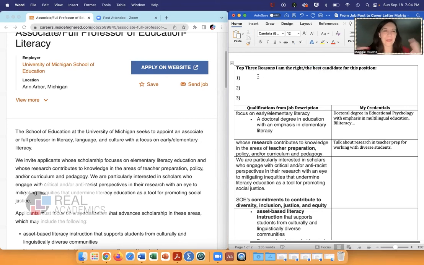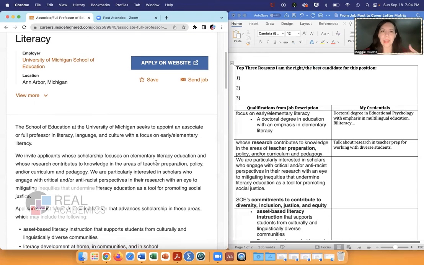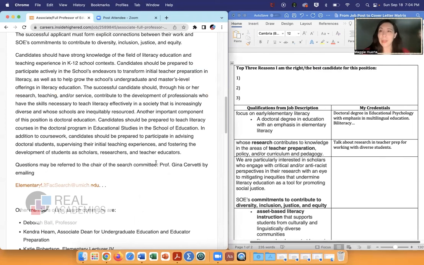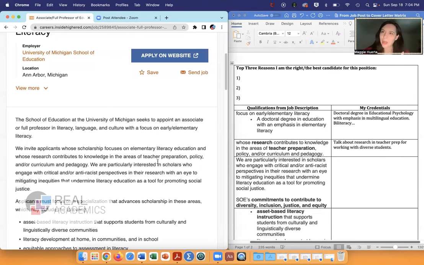And so, if it were me, and I haven't gone through the whole process, I think right off the top of my head, I'd be thinking, oh my gosh, it's elementary literacy. I'm so passionate about that in terms of my practice in the past as a teacher, as well as teacher preparation. My research aligns beautifully to what they want. So I would formulate somehow 3 very strong points, especially of things that keep coming up in their language that speak to me as well.